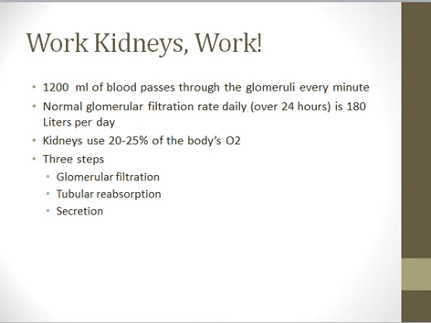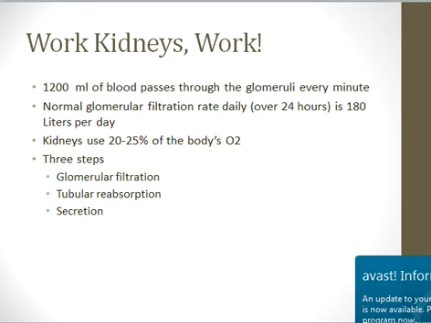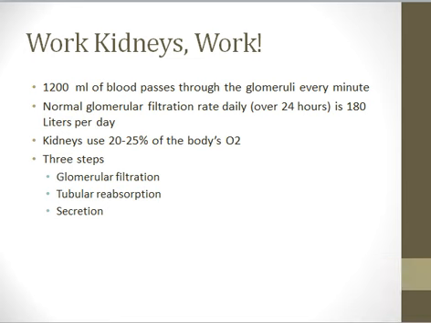Then it starts to move its way through those tubes. And along those different tubes, the proximal convoluted tubule, the loop of Henle, the distal convoluted tubule will have different substances reabsorbed in different areas. Now, if a substance is totally not reabsorbed, it'll be secreted into that tube and secreted as urine.